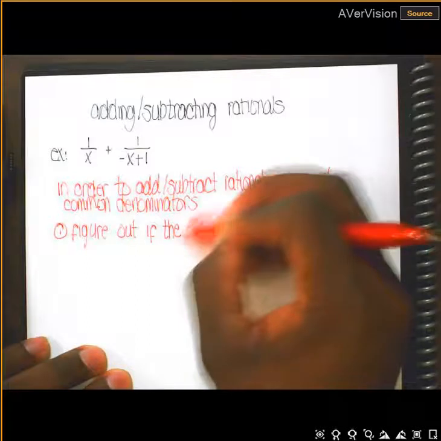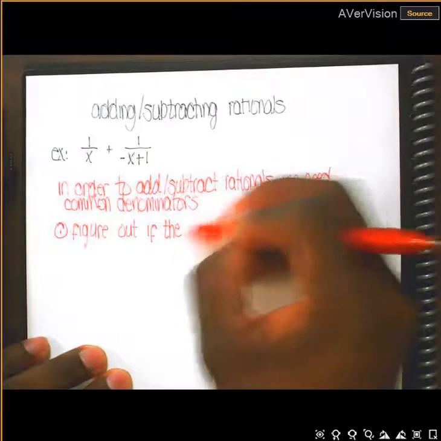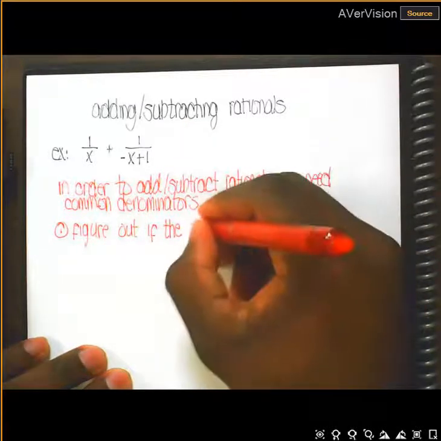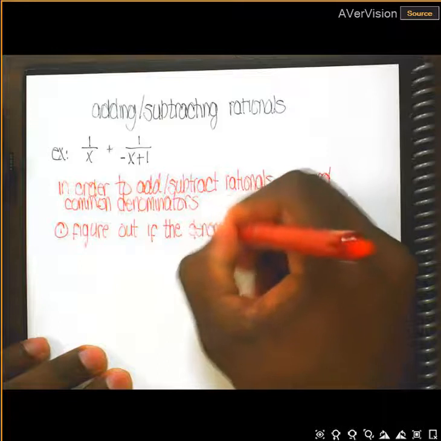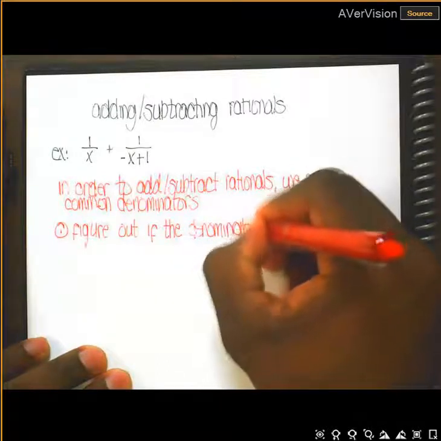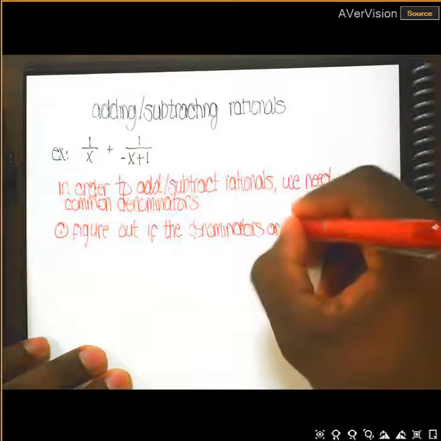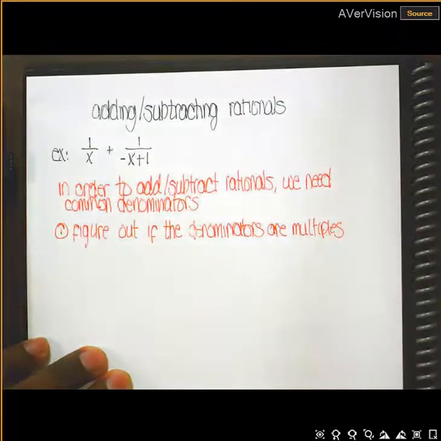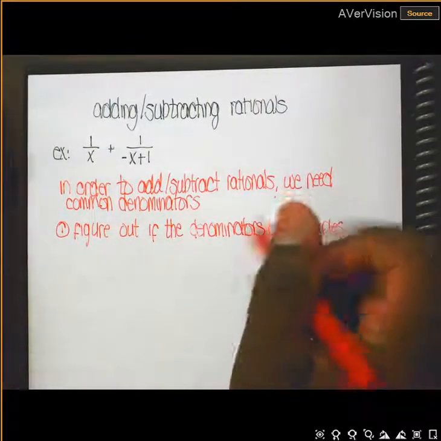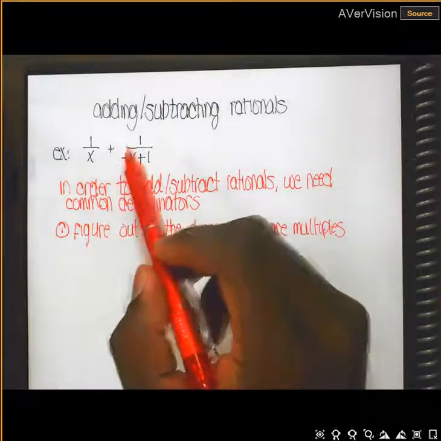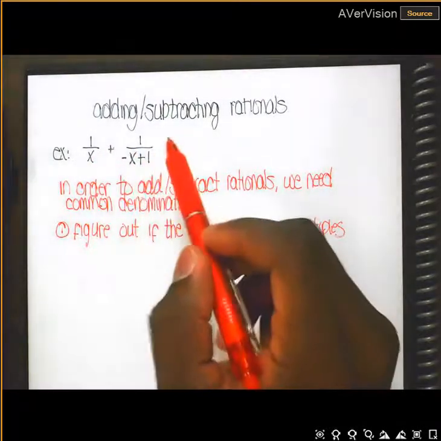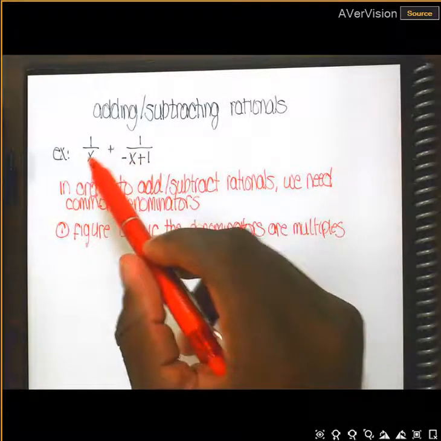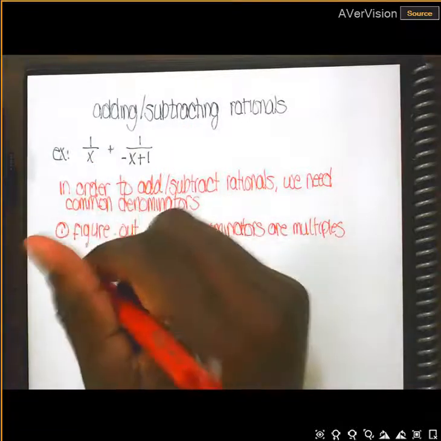So first thing we need to do is figure out if the denominators are multiples of each other. By that, I mean, is there anything we can multiply to x to get negative x plus 1? Or is there anything you can multiply to negative x plus 1 to get x? There isn't, right?